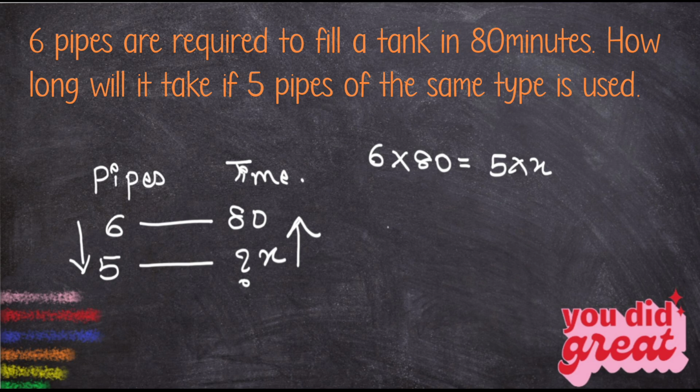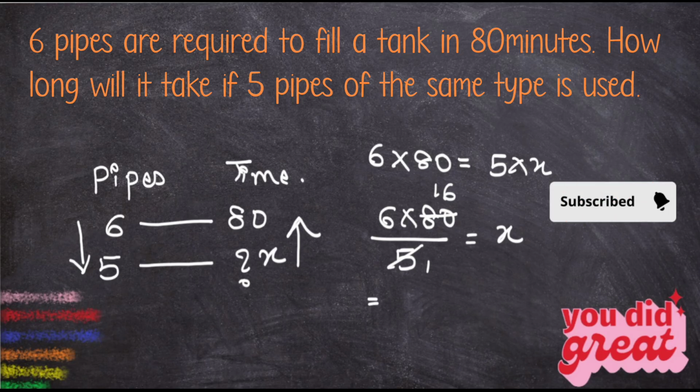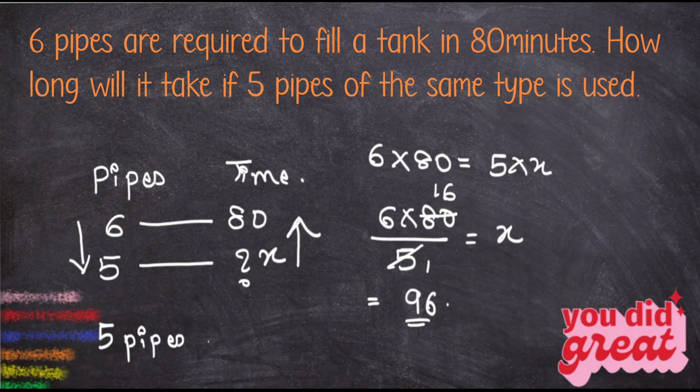Now solve this. 6 into 80 I will keep it as it is, 5 I will take and divide by it, equal to x. 5 ones are 5, 16s are. When you multiply, you will get the answer as 96. So 5 pipes will take how much time? 96 minutes.